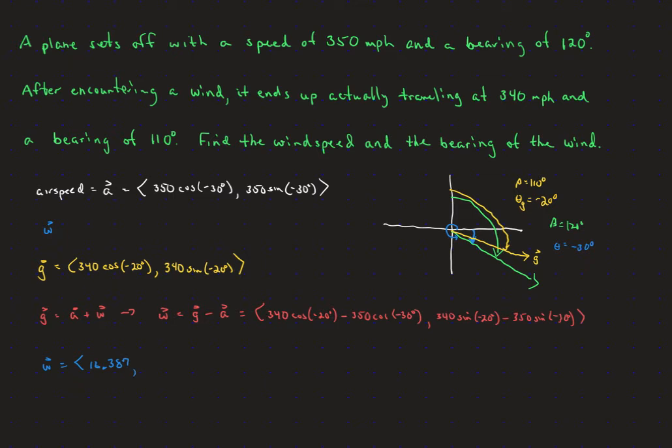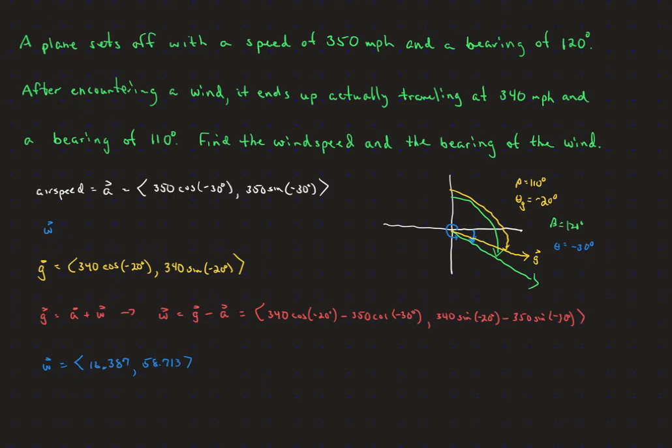And then I'm going to do the same thing for the y component. So 340 sine of negative 20 minus 350 sine of negative 30. And I'm getting 58.713, rounded to 3 decimal places. So there's our wind speed vector.